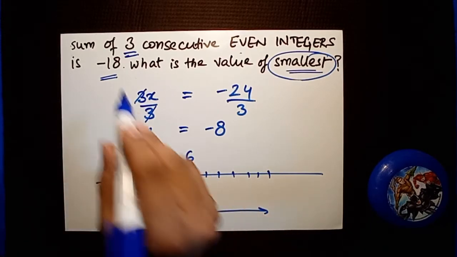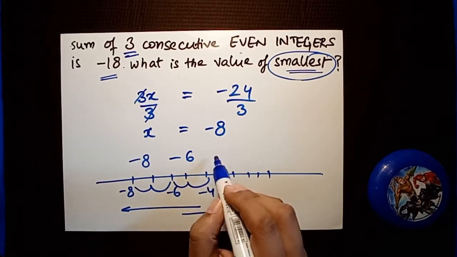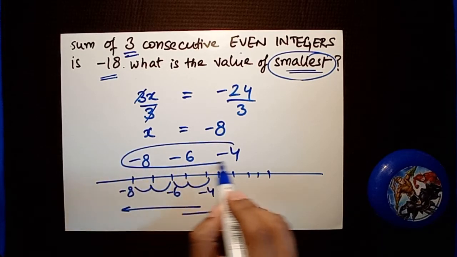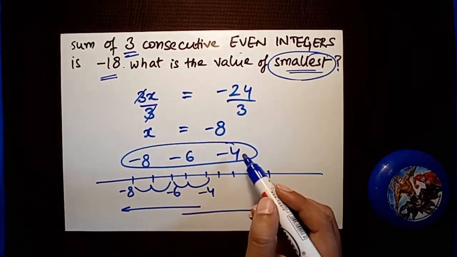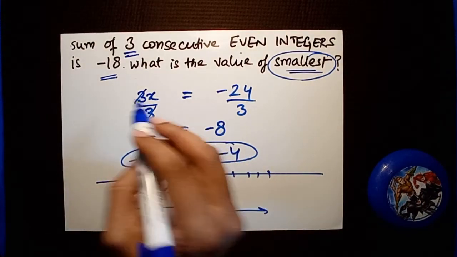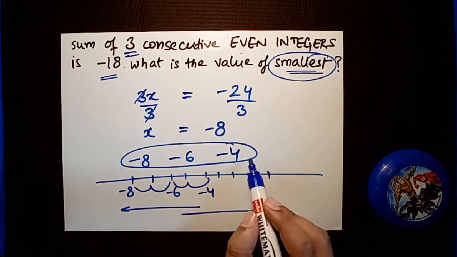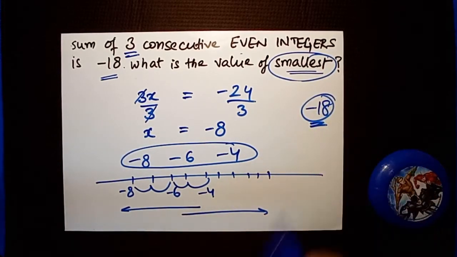One more integer, jump 2, minus 4. If we add all these together, minus 8, minus 6, minus 4, what do we get? Minus 18. Because 6 plus 4 is 10, 10 plus 8 is 18. And since all of them are of the same sign, it is minus 18.